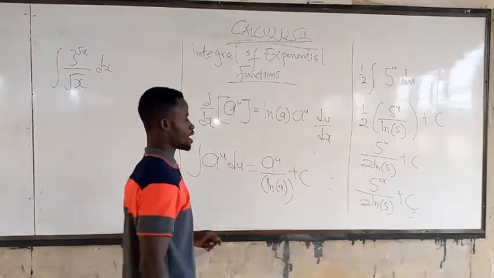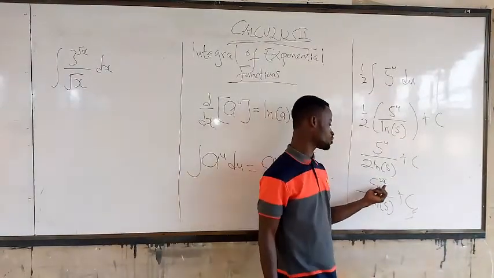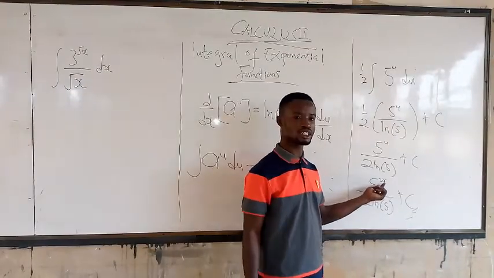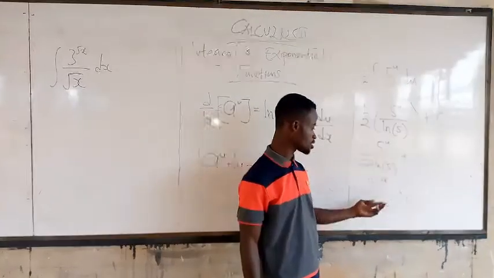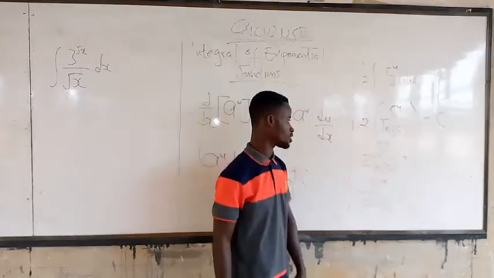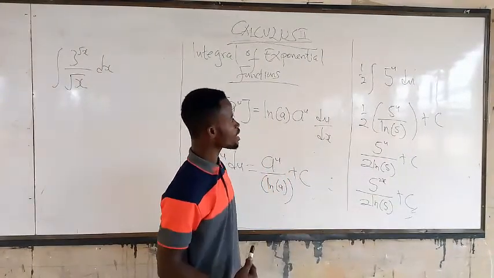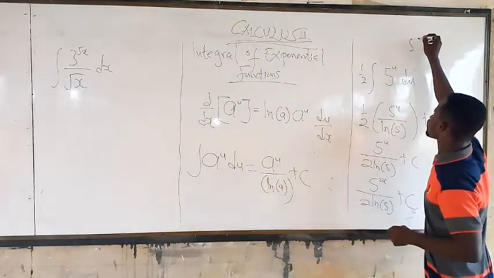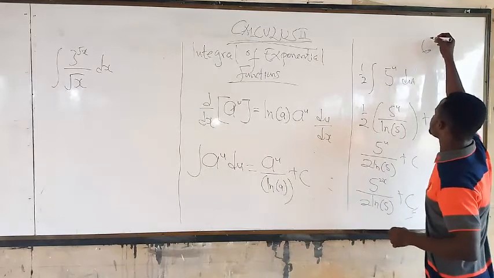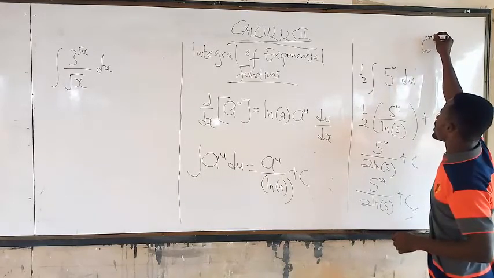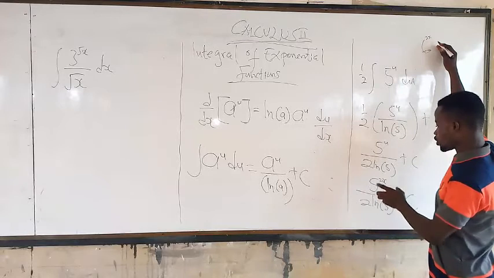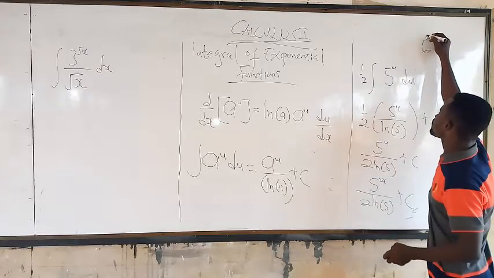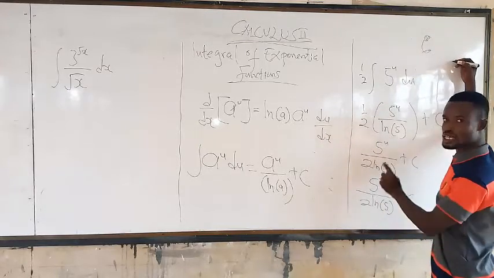Alright, so by substitution, u is 2x, so we get 5 raised to the power 2x. Alright, so if we have established that, if we have, let's say, 6 raised to the power 2x, it's going to follow the same thing, but the coefficient here is where you are going to take 1 over.